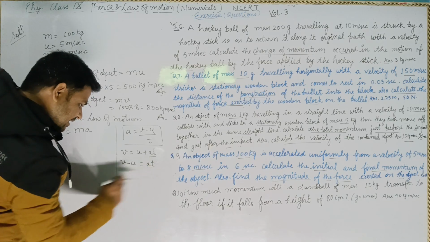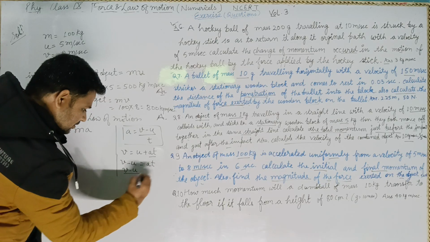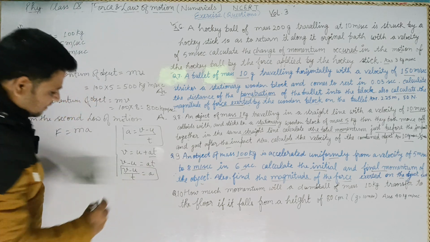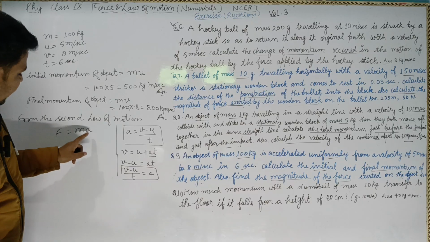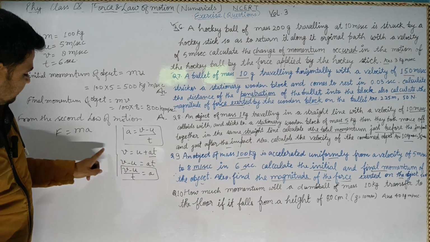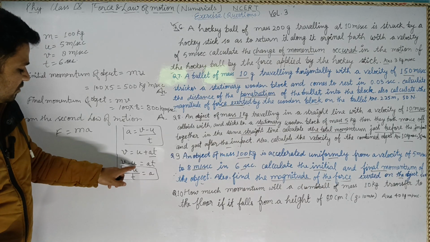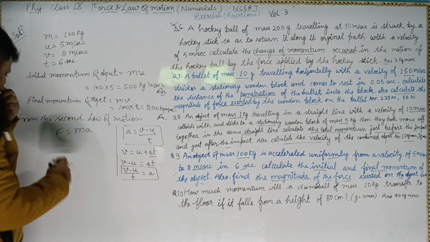We take t here, v minus u upon t is equal to a. So a is equal to v minus u upon t. We write in place of acceleration v minus u upon t.